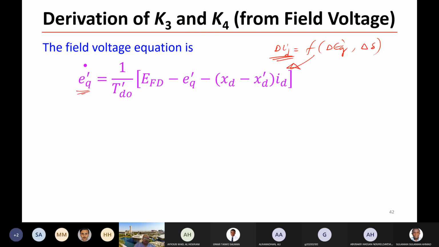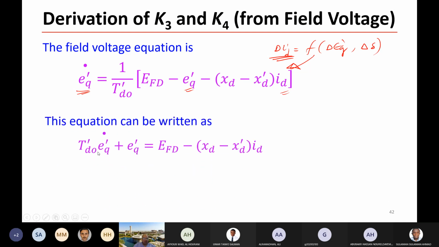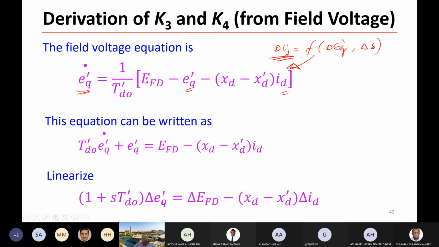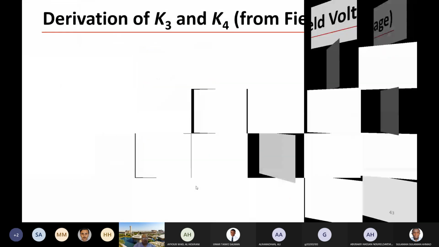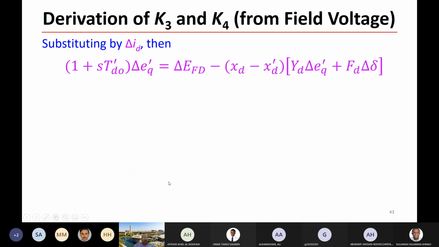And then in this case, you can express the EQ prime in terms of EQ and delta ID. You express it here in terms of this. So you can have this equation as such, and you replace delta ID by its value. So this is delta EQ, delta FD, and delta ID. We will replace delta ID by its value in terms of delta EQ prime and delta, from that equation.